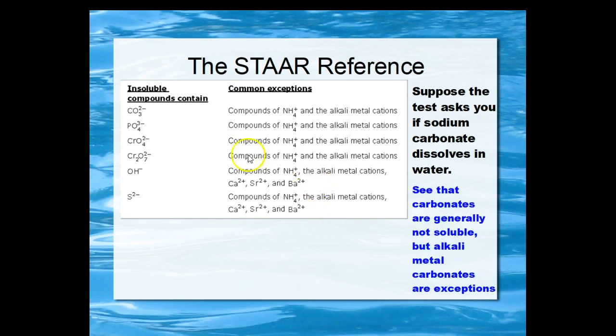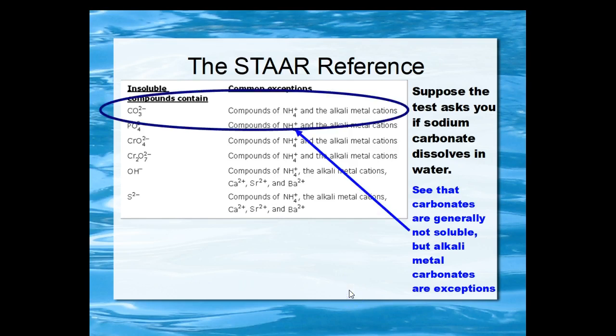Well, you see that carbonates are generally not soluble, but compounds of ammonium and the alkali metals are soluble. The exceptions on this table are the ones that are soluble. So, sodium carbonate is an exception and does dissolve like all other sodium compounds. So what would your answer be? Yes.